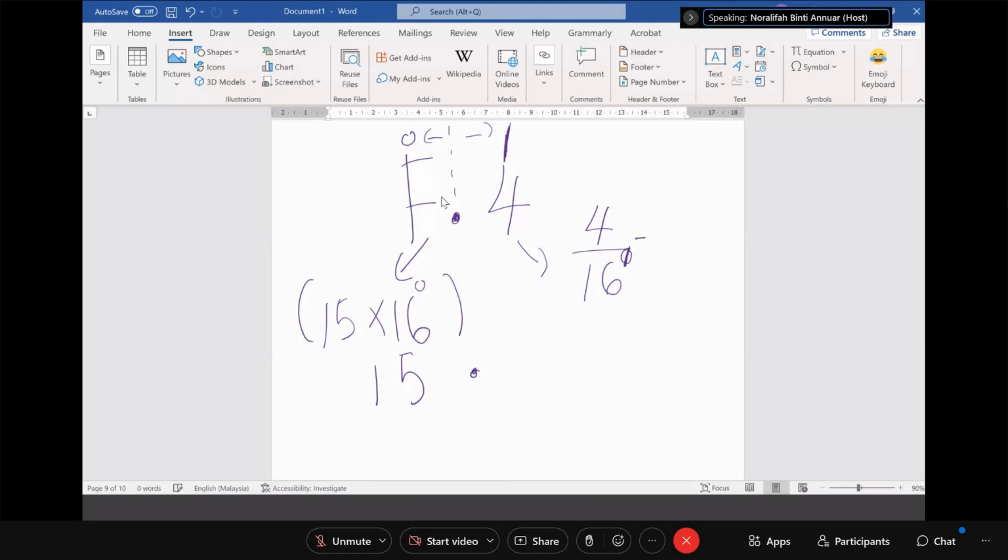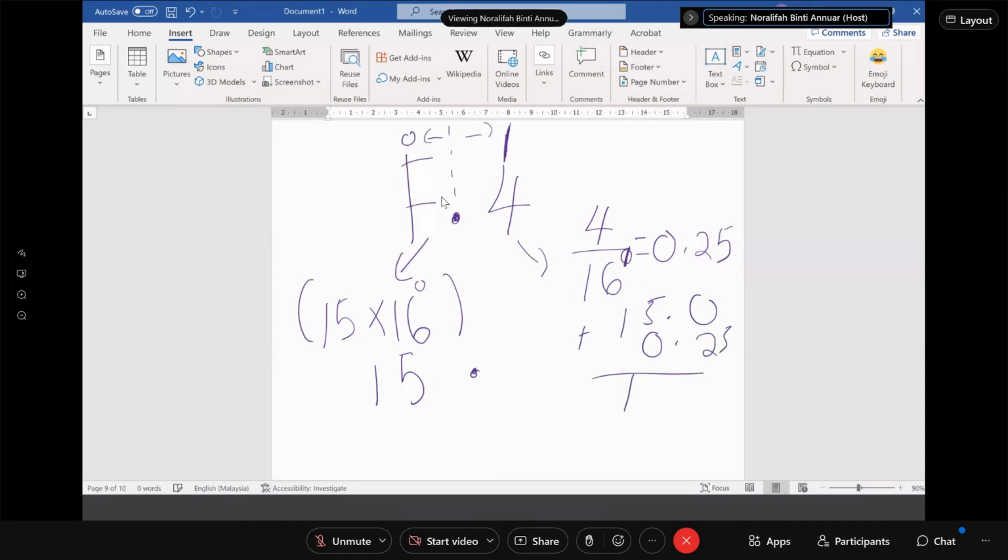You kira sendiri ya, saya tulis ada jawapan. Okay, you get 0.25. So 15 tambah 0.25, you will get 15.25, your final answer. Macam tu je. Sama saja pengiraan binary tadi. The same thing guys, just base dia saja bertukar. Okay, boleh kan? Sama je.